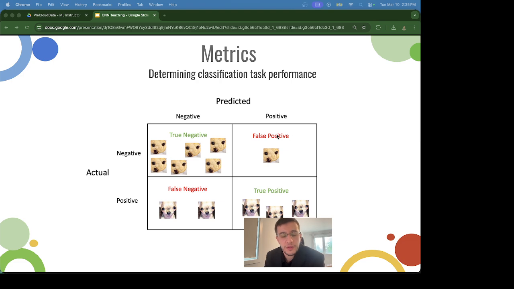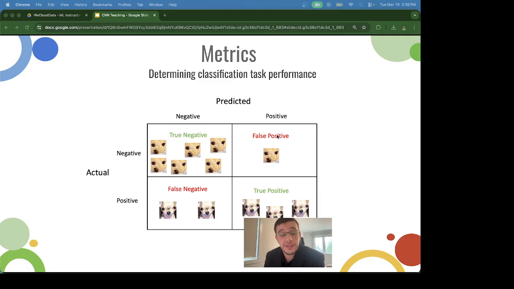Now, a really quick thing about metrics, or yeah, what are the metrics used to determine how well your model is performing in object detection tasks? Before we get to those four main metrics, let's talk about these ideas of negative and false positives. If you've trained a model to detect chihuahuas and your test set has some cookies in them and chihuahuas, then if your model had seen a chihuahua and determined it was a chihuahua, that's a true positive.